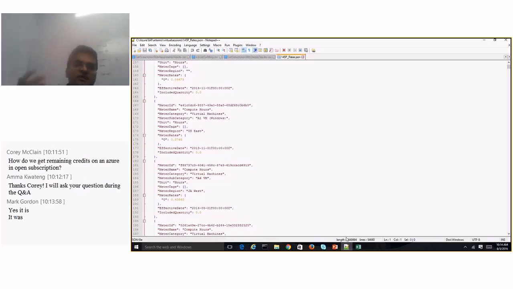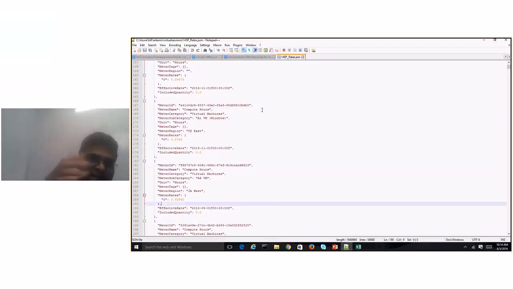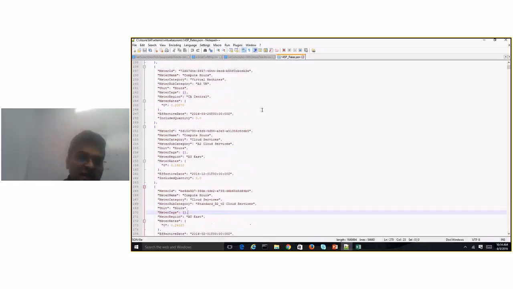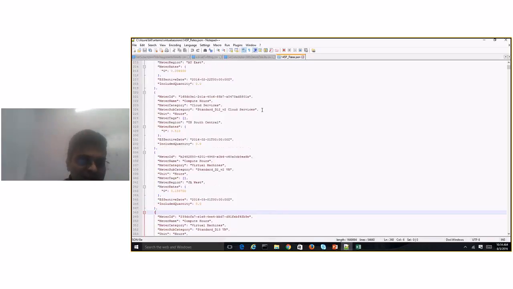Okay. So this is the rate card output here, where I just showed you one in the presentation which had a calculated pricing, just for an example. But here is the full output, the JSON output for the rate card. So essentially, example of compute hours, and as you go on, you can see all the resources that are supported in CSP and what the pricing is.